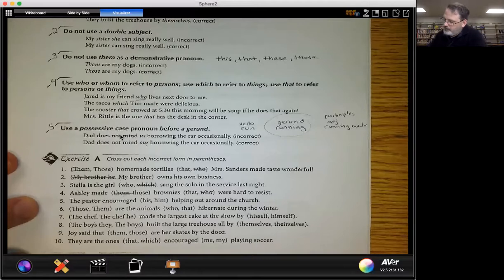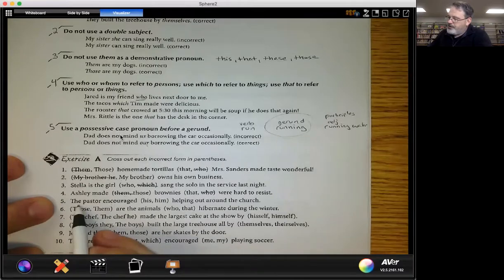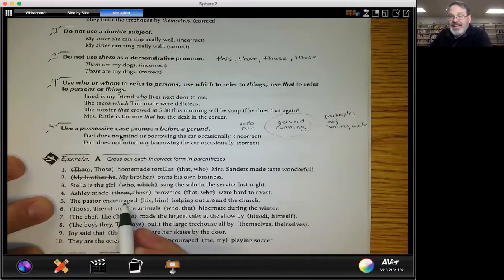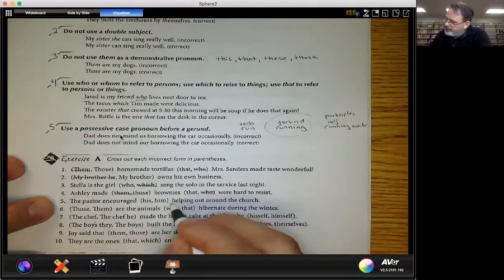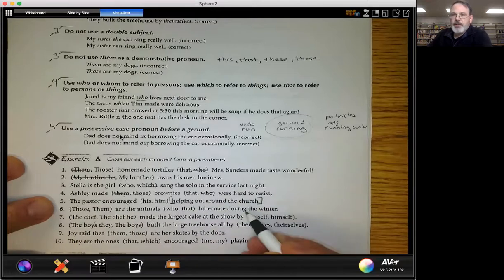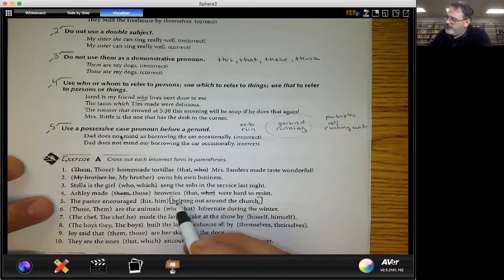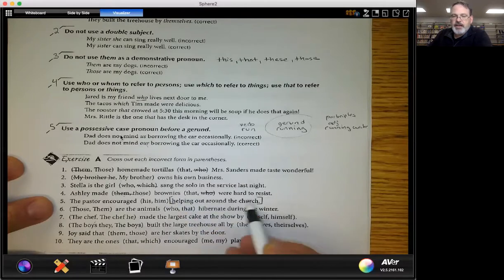Okay. The pastor encouraged his or him helping out around the church. Well, the pastor encouraged something, thing meaning a noun. What did he encourage? He encouraged helping out around the church. That entire thing is what he encouraged. That phrase is a gerund phrase, because in helping out around the church, helping is an ing word that's being used as a noun.